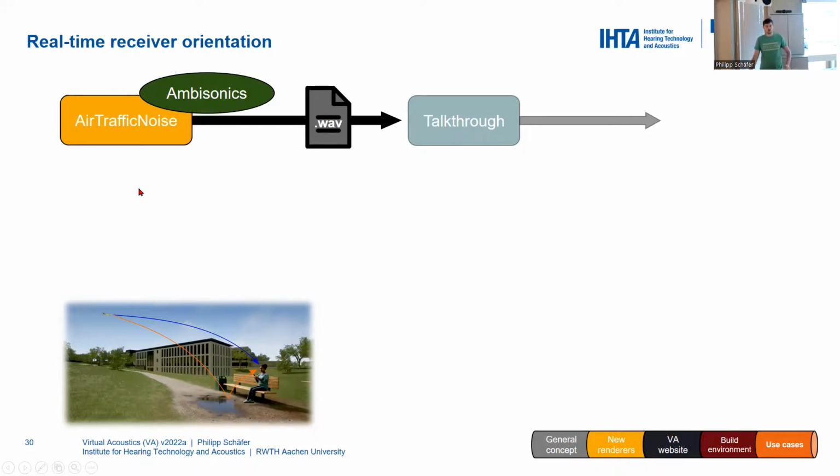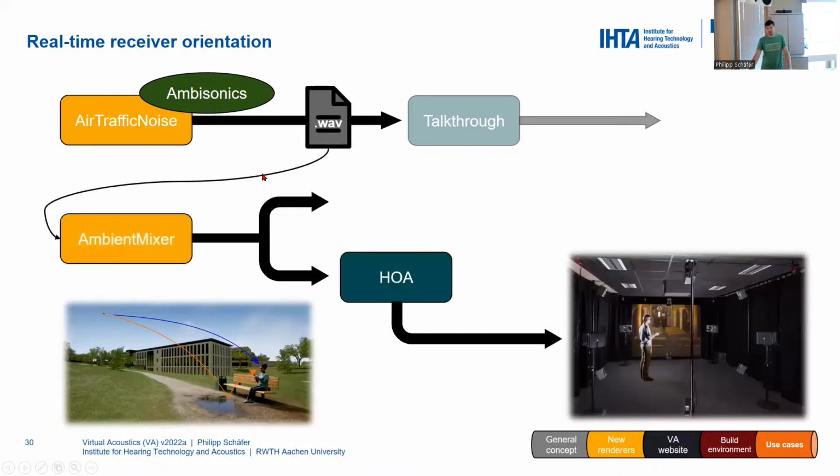So the only real-time constraint that we have is actually the receiver orientation. And in this case, what you can do is render an ambisonic signal, store it into a wave file, so do an offline rendering for this part. And then you use this wave file as an input signal for the ambisonics mixer.